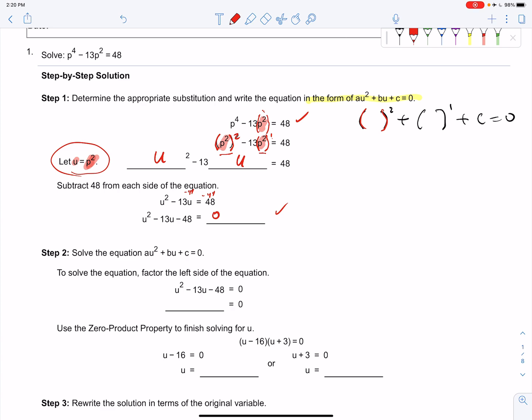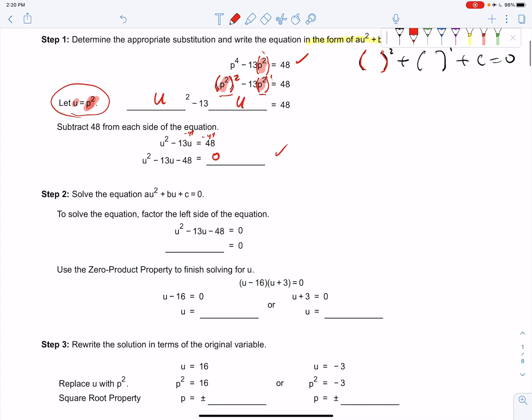Use the zero factor property and go for it. Another technique is complete the square. Another technique is the quadratic formula. So as long as we can write this as a quadratic temporarily, we can use all these techniques to help us out. That's the strategy in 7.3.